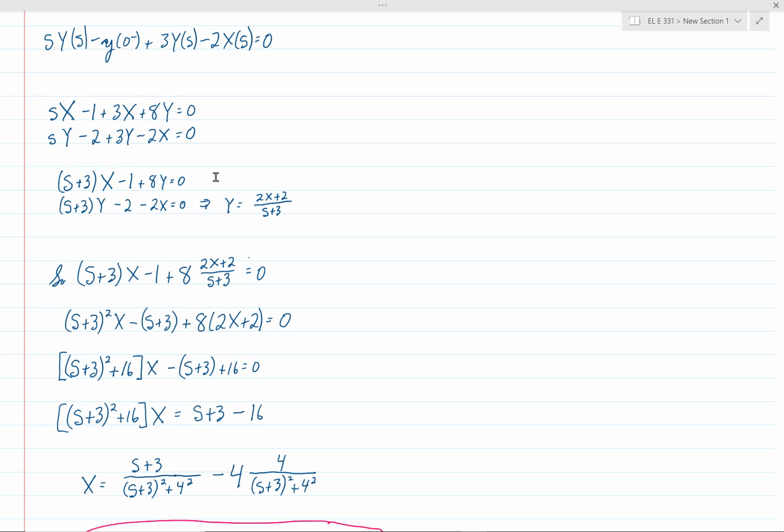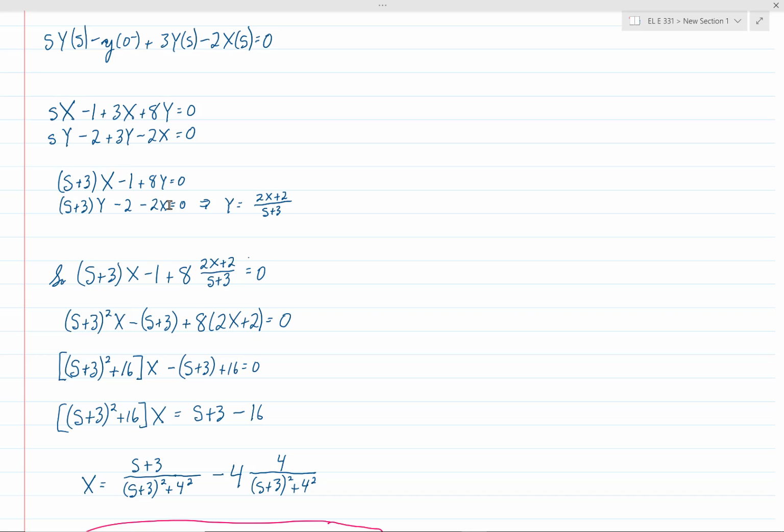On the other hand, if I had been asked for y(t), then my approach would have been to solve the first equation for X, and then substitute that in down here. This is not any big mystery.